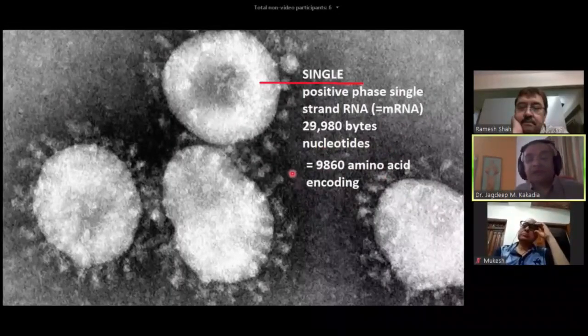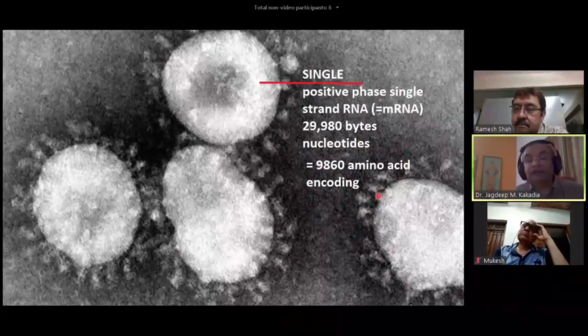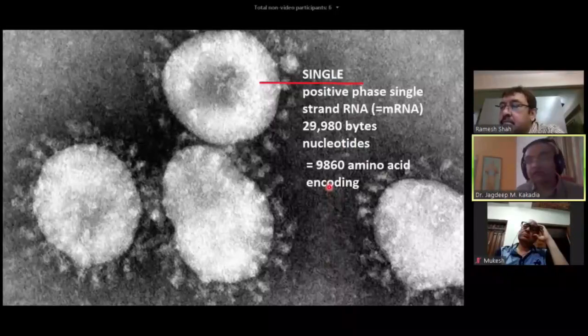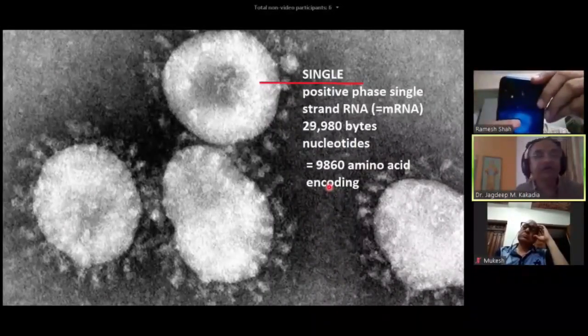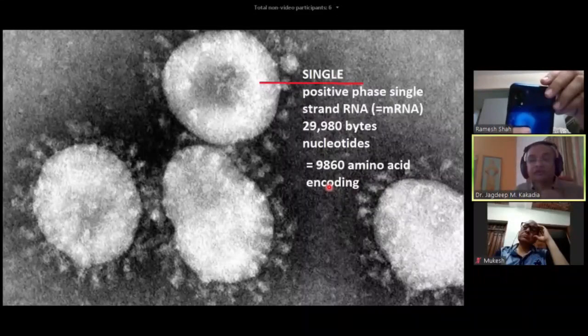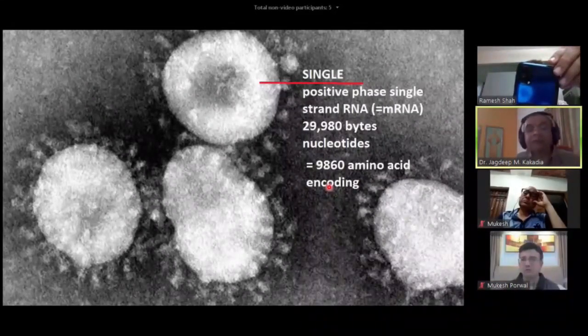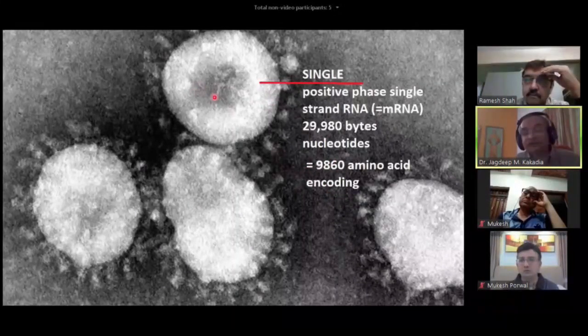Now imagine that in the entire human life, our body does not produce more than 20 amino acids. The entire humanity lives on 20 amino acids. There's only one 21st amino acid which is produced only when you are exposed to atomic radiation. That is seen only in the population of Hiroshima and Nagasaki a few years ago. Now even that is gone. So instead of 20 amino acids, this guy is asking our cells to produce almost 10,000 amino acids.